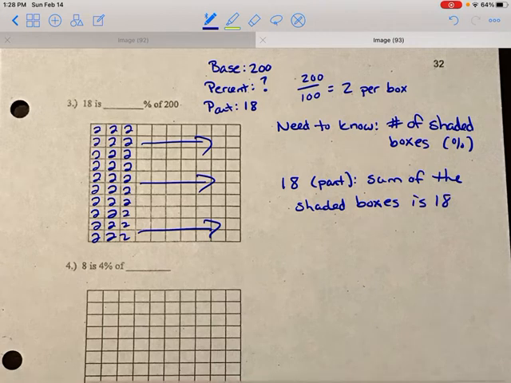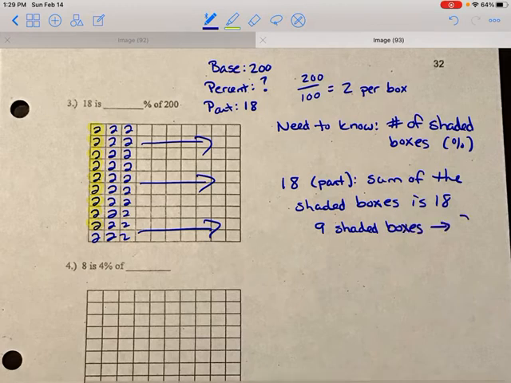is 18. All right, so let's grab a highlighter and let's start shading until we get to a sum of 18. So there's 2, 4, 6, 8, 10, 12, 14, 16, 18. All right, so that tells me that I have 9 shaded boxes.